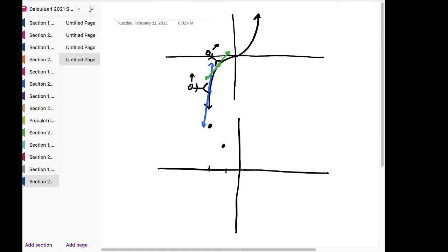What happens at 0? Yeah, so the curve is flattening out and flattens out at 0.